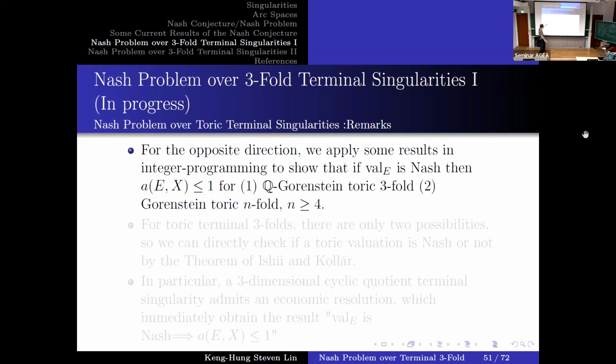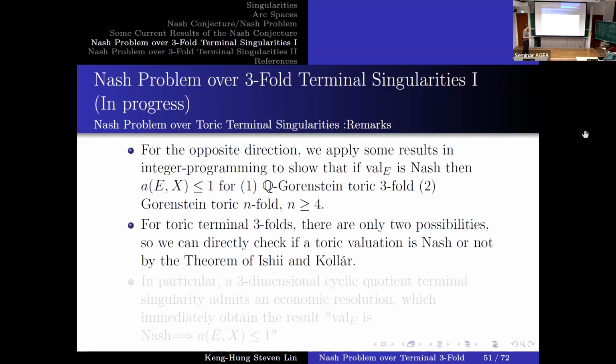For this result, you see that I don't add a condition of terminal. We just need that this variety be Q-Gorenstein. But by this result, using some integer programming result, we still need time to check that this result is true or not.